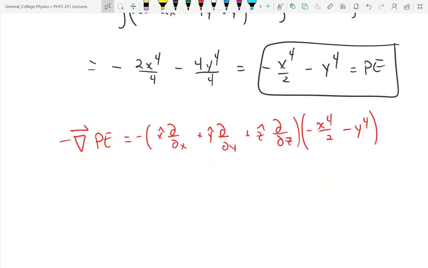So I'm going to do this calculation. Now notice I have minus signs everywhere. Multiply those through and they become plus signs everywhere.